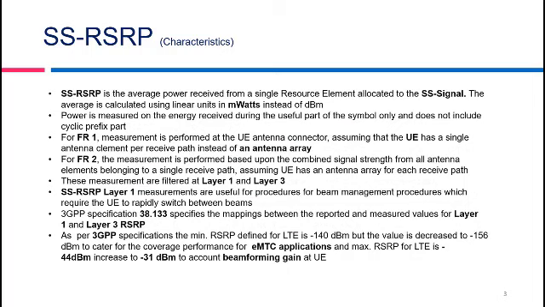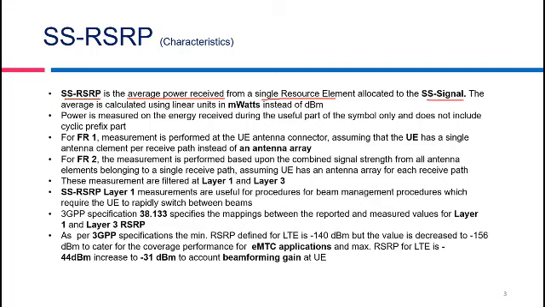In this slide, we have captured some of the key pointers for SS-RSRP. SS-RSRP is an average of power received from a single resource element allocated to the SS signal.